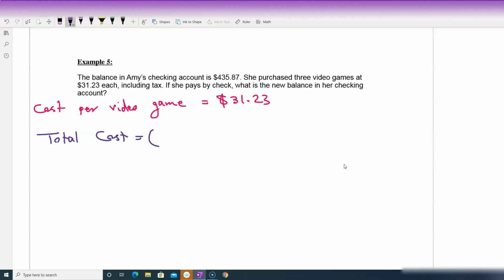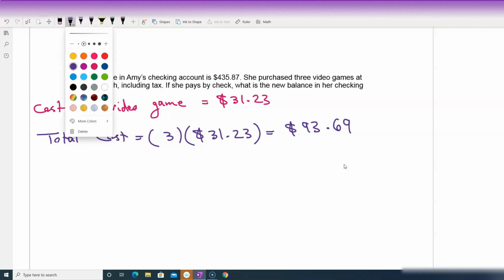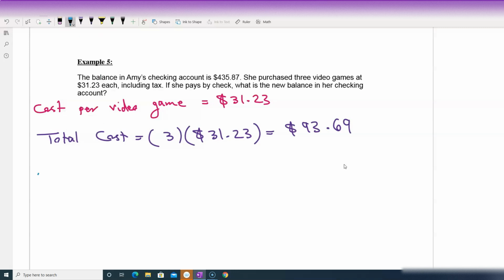That is, we have 3 video games. So 3 multiplied by this number, 31.23, and that is $93.69. Now, what her new balance is, we should subtract.